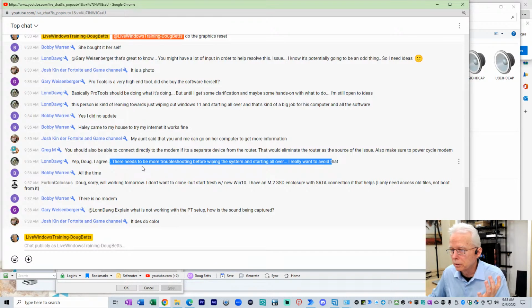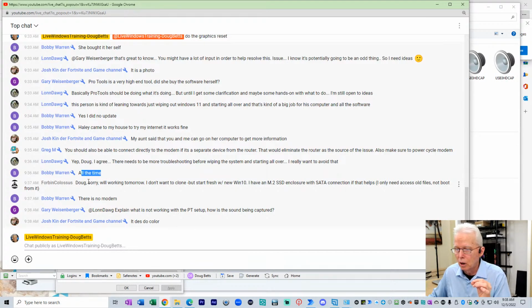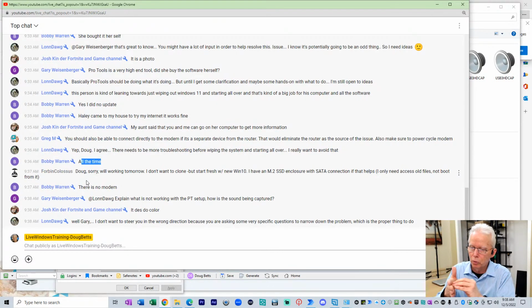Let's see, Lawn Dog says there needs to be more troubleshooting before wiping the system and starting all over. I want to avoid that. Agree. All the time, so the problem is consistent. When she brings her computer to your home and plugs into your network, the problem's not present. However, when she's at her home, connected to her router that she bought, the problem is consistent. That doesn't prove it's the ISP, because it could be that router.